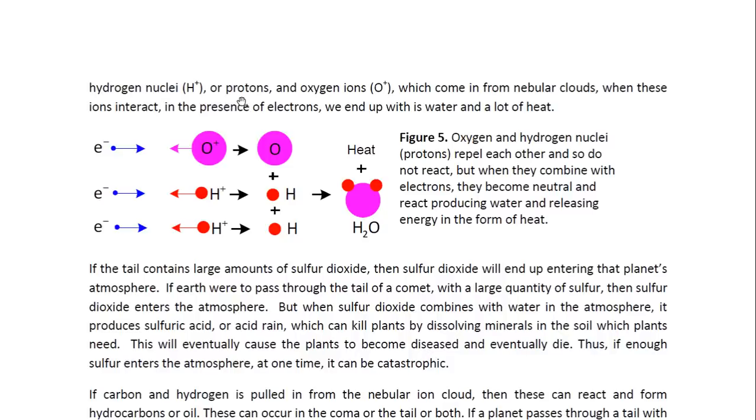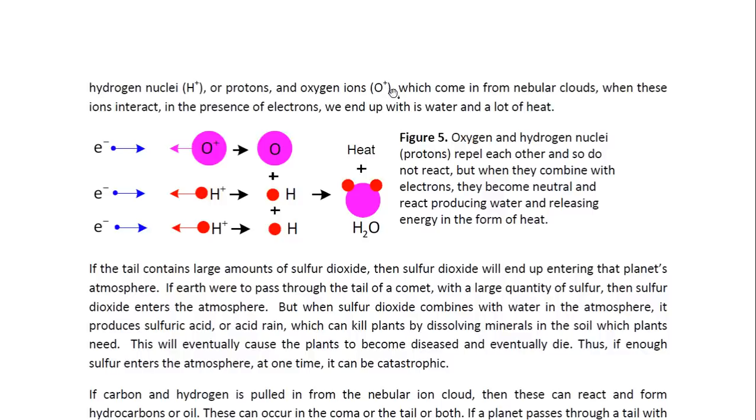It has only 1 proton in the nucleus and 1 electron outside the nucleus, orbiting the nucleus. And when a hydrogen atom loses its electron, then what is left in the nucleus is just a proton, which is positively charged. So it becomes hydrogen nuclei, which are hydrogen ions.